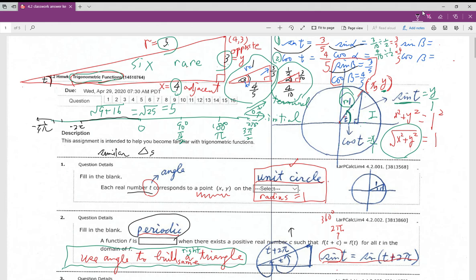Similar triangles. If you have two triangles that are similar, or many triangles that are similar, what happened?